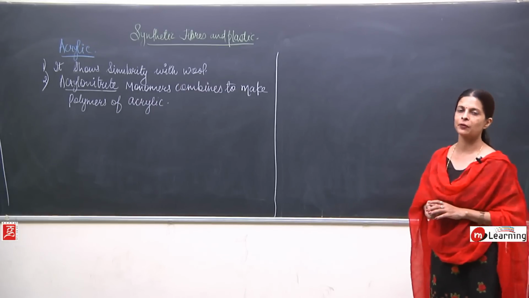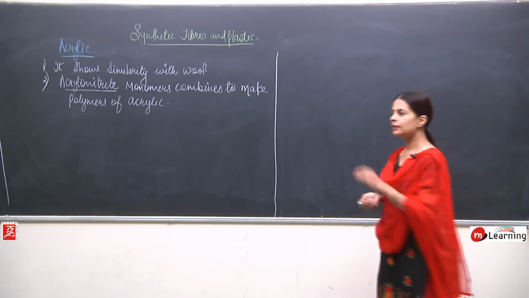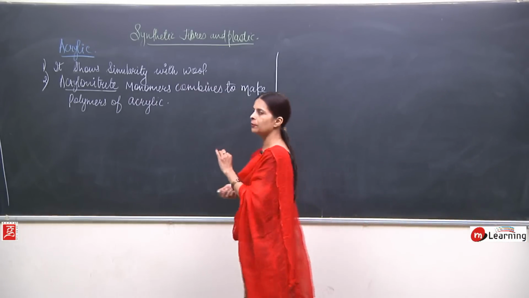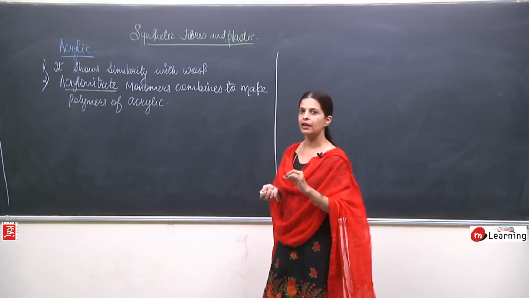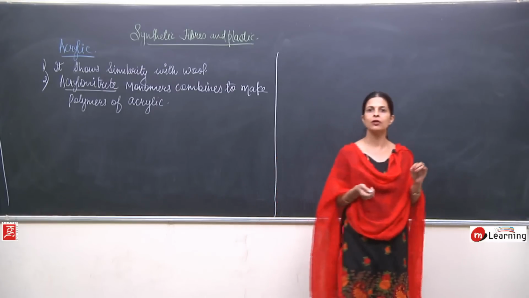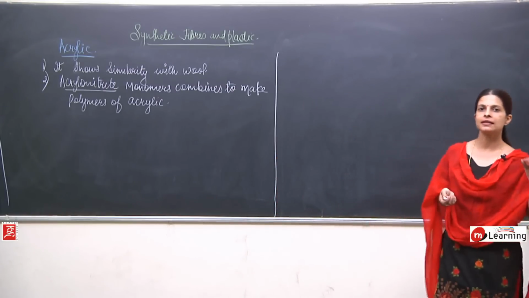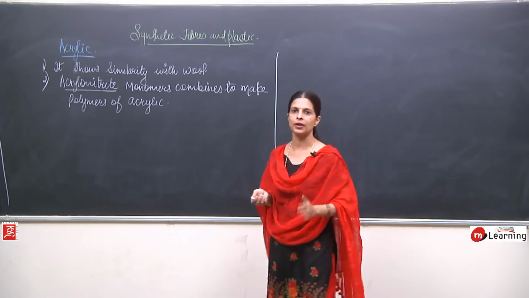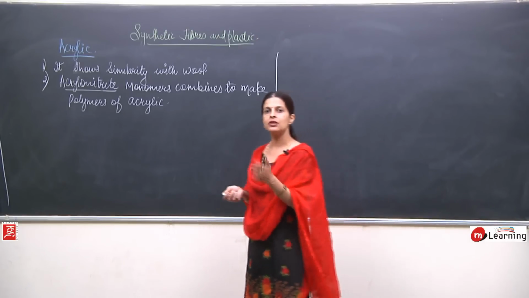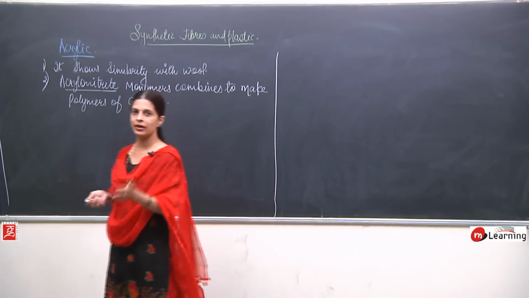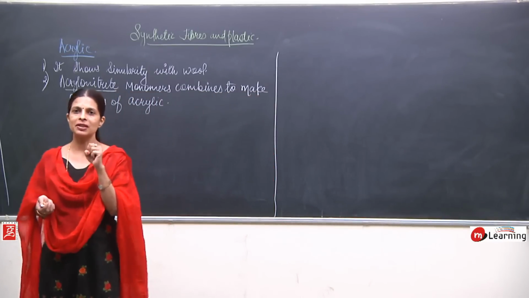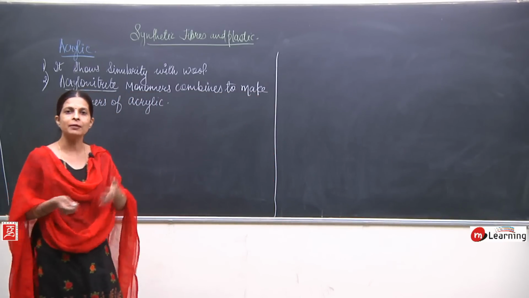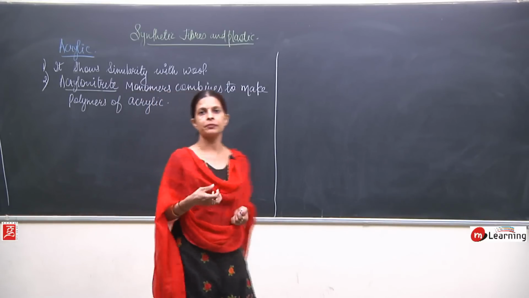Actually the fibers are not straight. When we discussed nylon and polyester before this, the fibers are very straight, but here the fibers of acrylic are not straight, they are a little bit crimpy, and that is the reason it becomes more bulky.